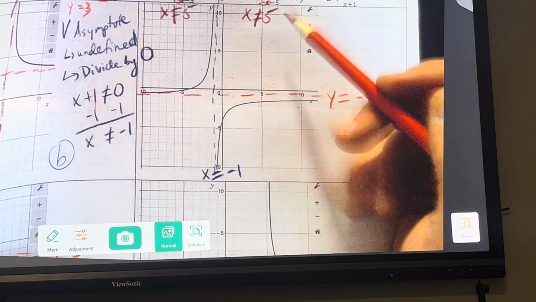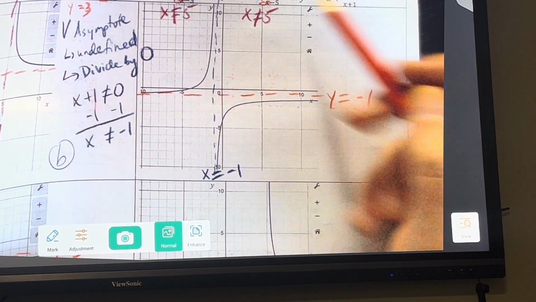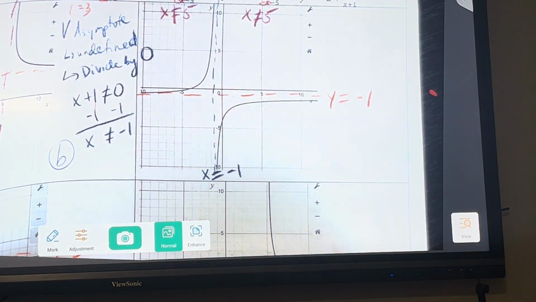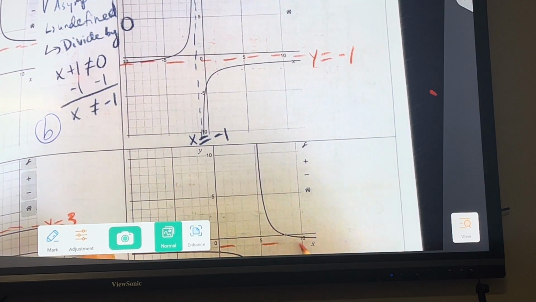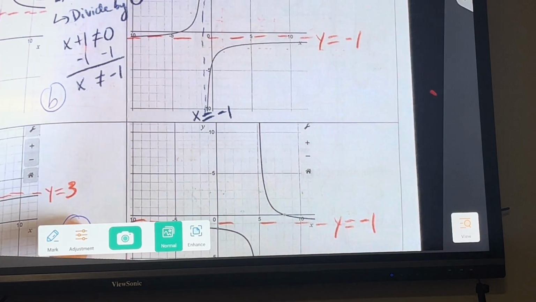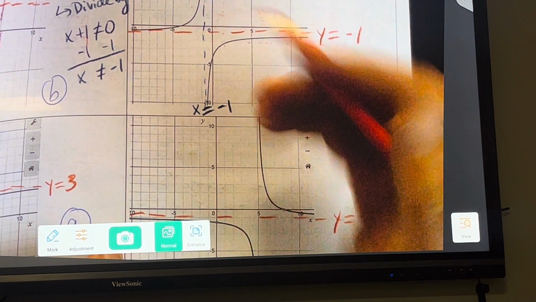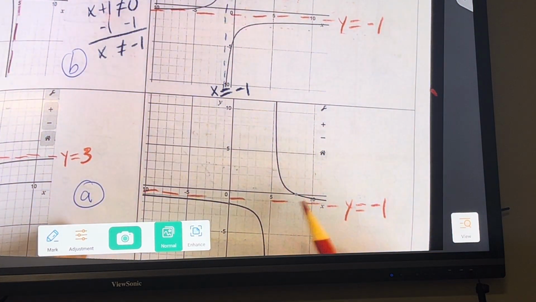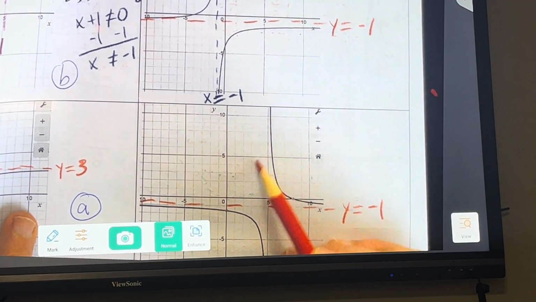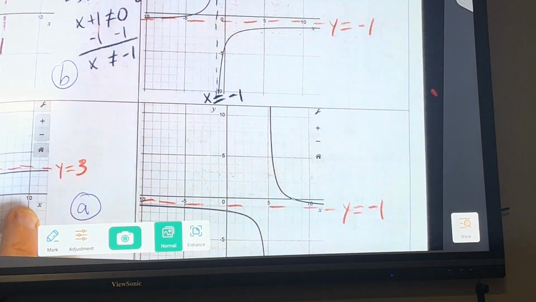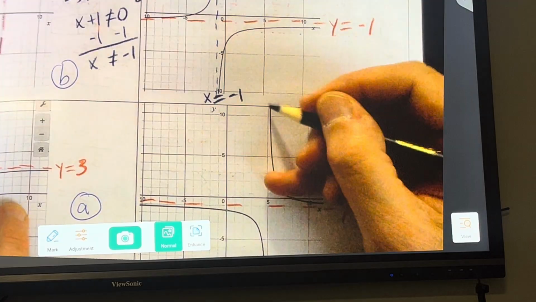So x can't equal 5, y can't equal negative 1. Like that. So answer choice C is this one, with y equal negative 1 and x equal 5 as the asymptotes.